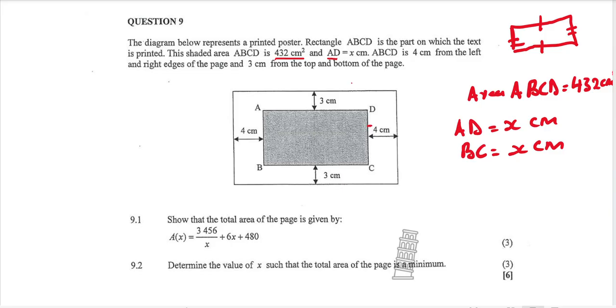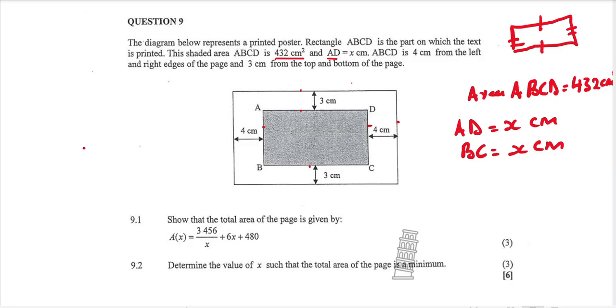They are referring from here to here, and then from here to here. They indicated that it is 4 centimeters. And then 3 centimeters from the top and bottom. You see, these are the 3 centimeters from the top and bottom.